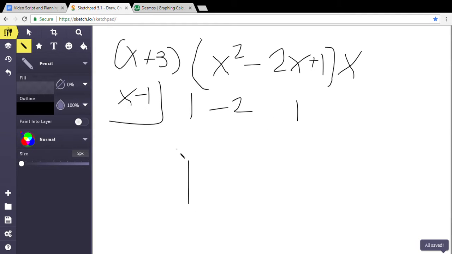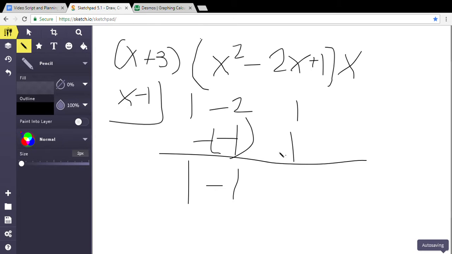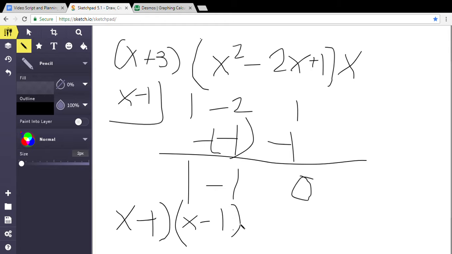Bring down the 1. Negative 1 times 1 is negative 1. Subtract negative 1, adding 1. You have minus 1. Negative 1 times negative 1 is positive 1. Subtract it for a remainder of 0, and you get x minus 1. So your factored form of this would really be x minus 1 times x minus 1, or x minus 1 squared.